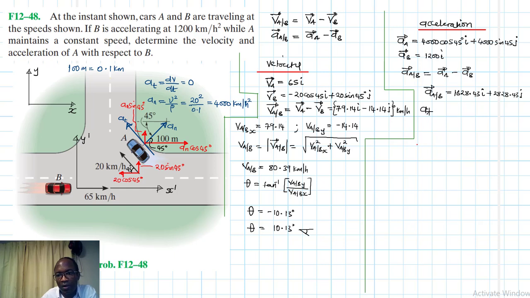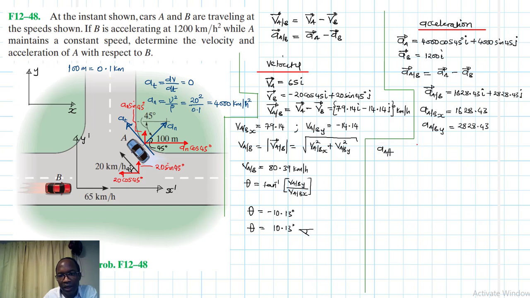So we have a component in the x direction equal to 1628.43 and a component in the y direction which is 2828.43.